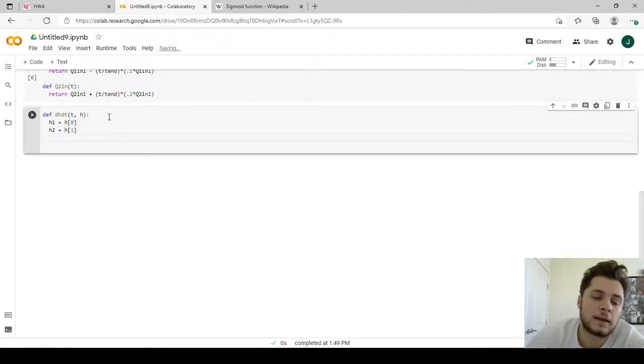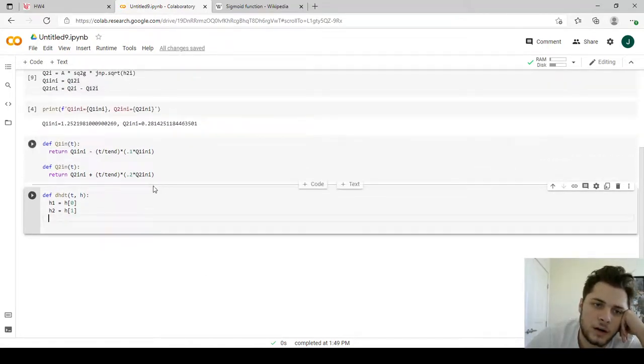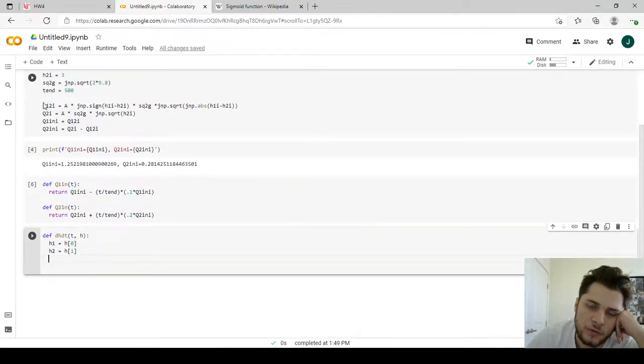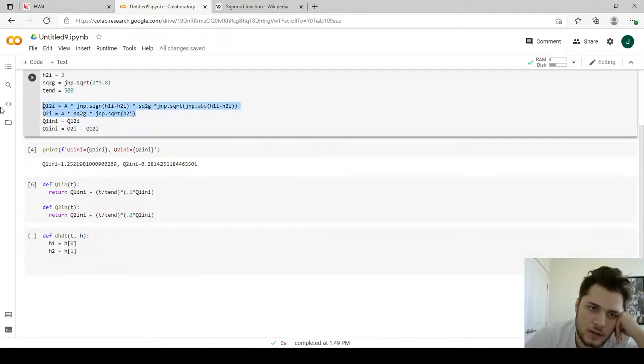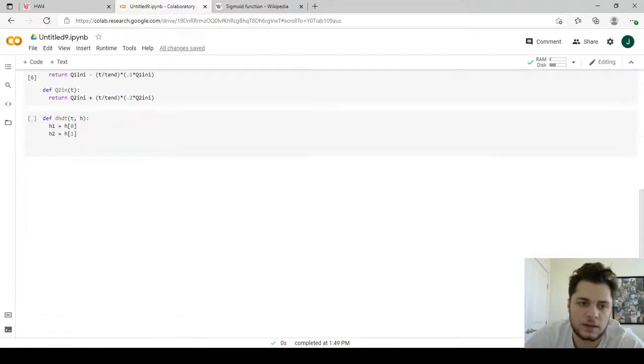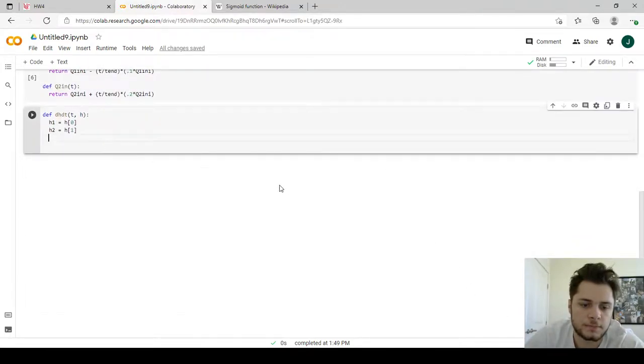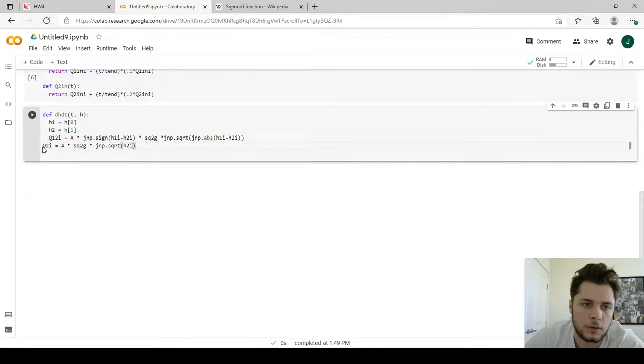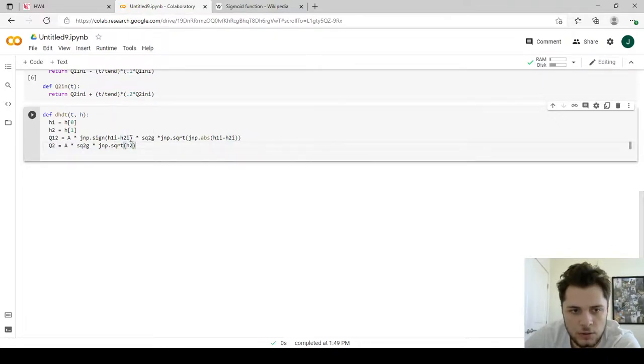Okay, and now we need to find our change in our flow rates between tanks 1 and 2 and leaving tank 2 given these changes in heights. So we can just copy and paste this equation down. And let's go ahead and just create it. So it's not the initial heights or initial flow rates, it's what we get from the change in time. So we just get rid of all the initial values.